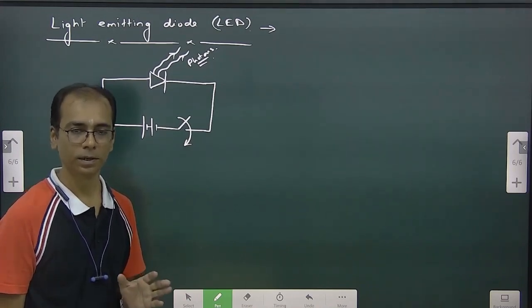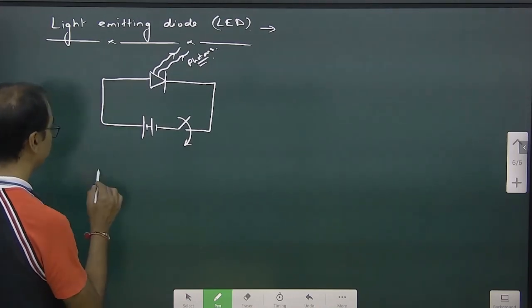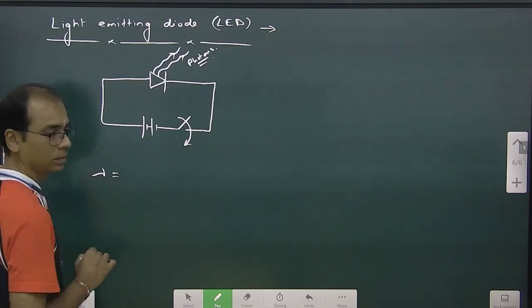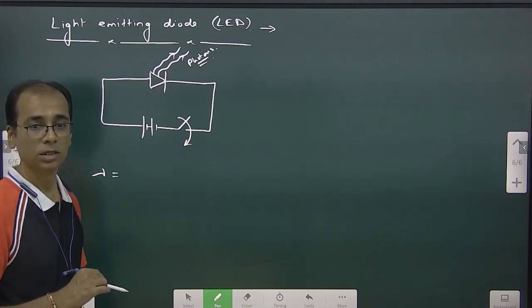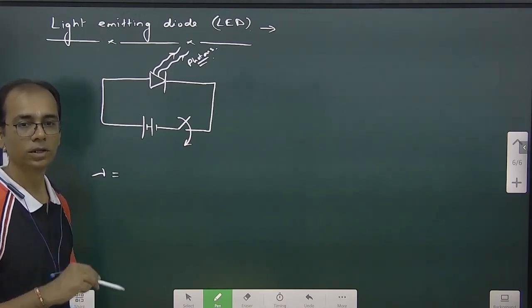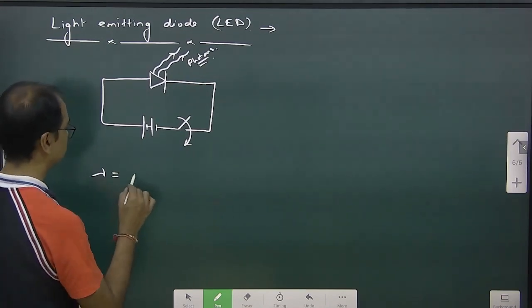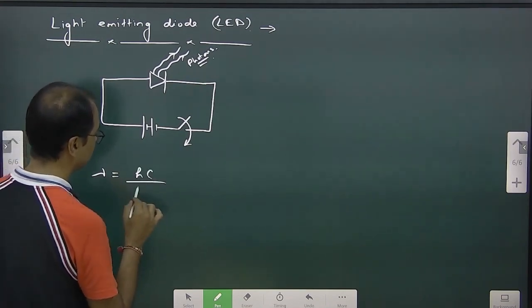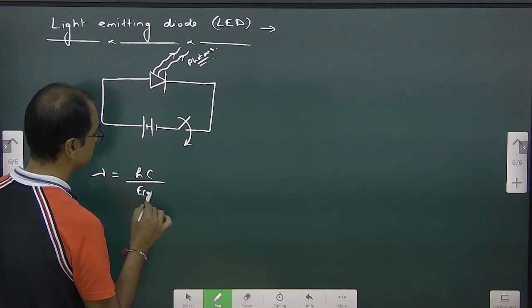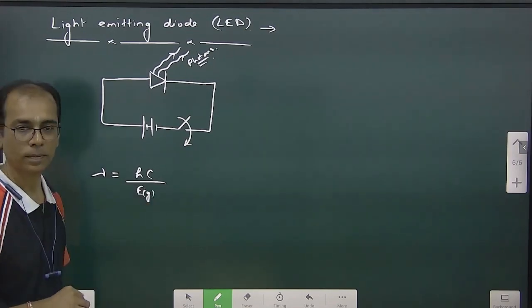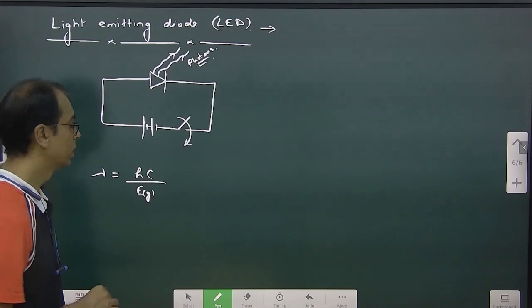Is that clear? So lambda will be what? We all know. Lambda will be hc by the energy gap, Eg. Correct? Clear?